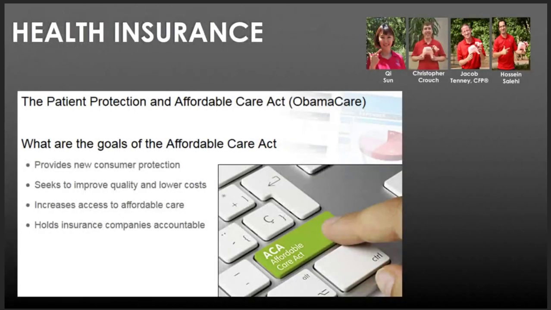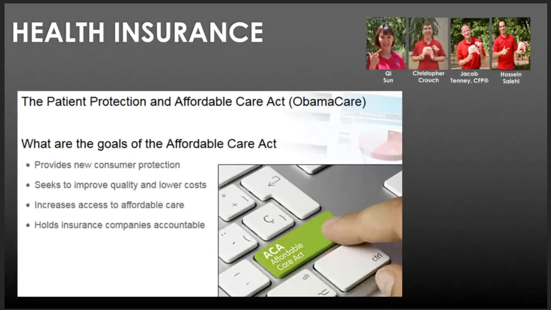Next is health insurance. You want to remember the four goals of the Affordable Care Act. They will be tested in the exam. The first is provides new consumer protection. Second is seeks to improve quality and lower cost. Third is increases access to affordable care.